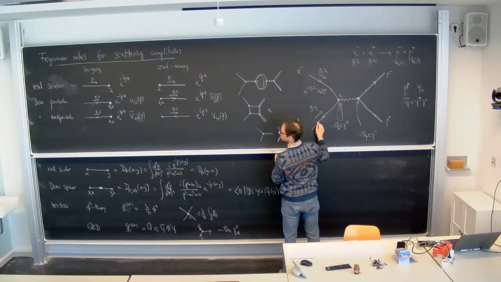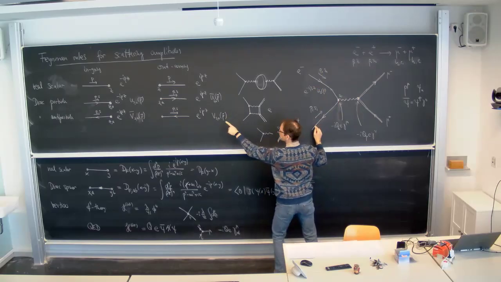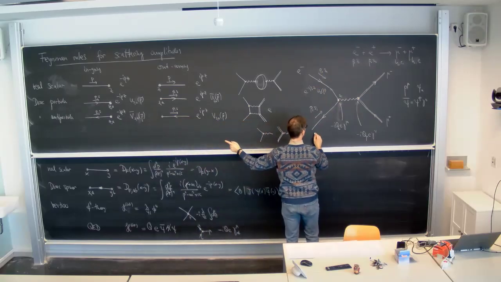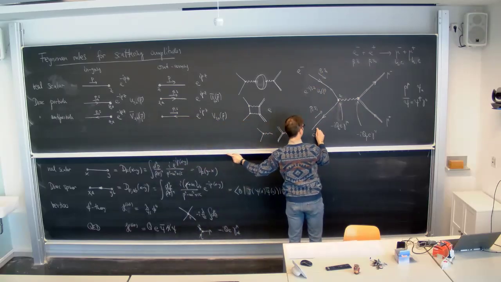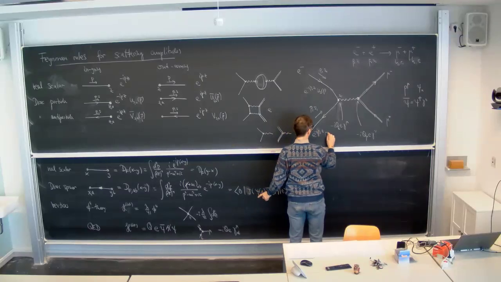And this line here will be an incoming antiparticle. So this will be e to the minus i p2, v bar s2 s1 p1 p2.